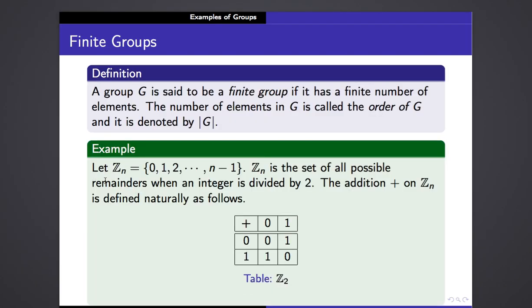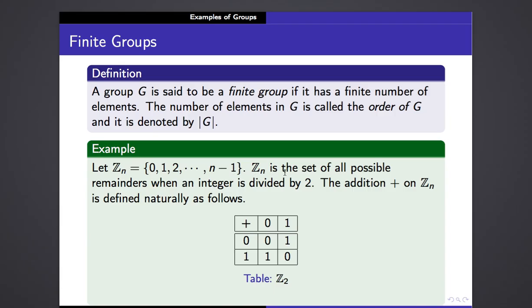Okay, so here's another important example. Z sub n, this is actually a very important example. Z sub n is the set of the following n elements: 0, 1, 2, all the way to n minus 1. What is this?